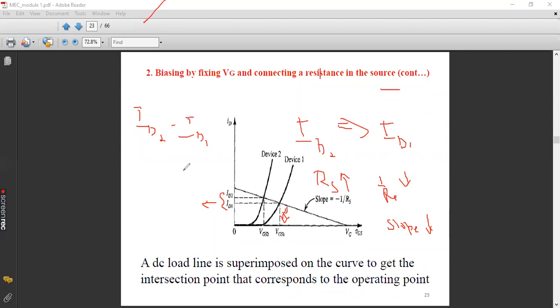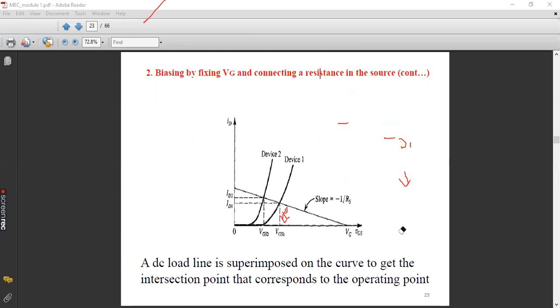You can say that even after the device replacement, even after the variation in temperature, in the aspect ratio, even in COX, the two drain currents are still approximately the same. That is our requirement of biasing. That is how we are fixing the Q point in the feasible saturation region.